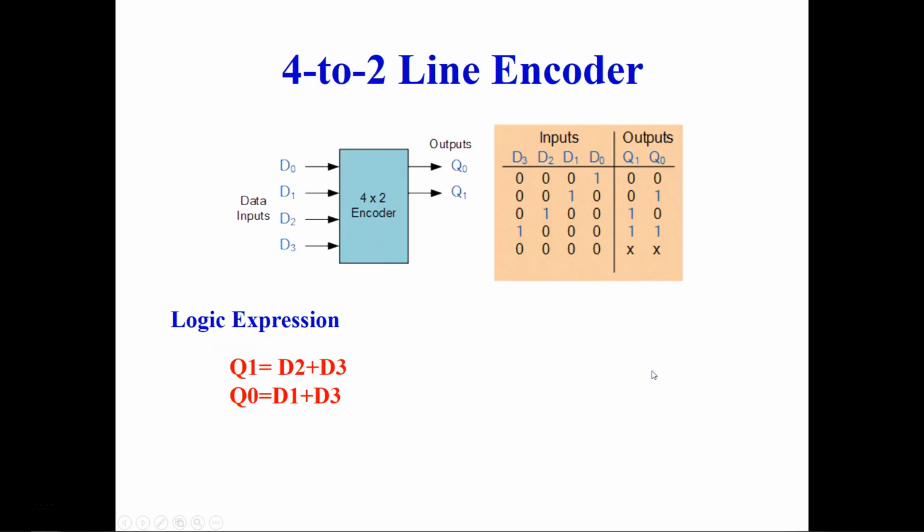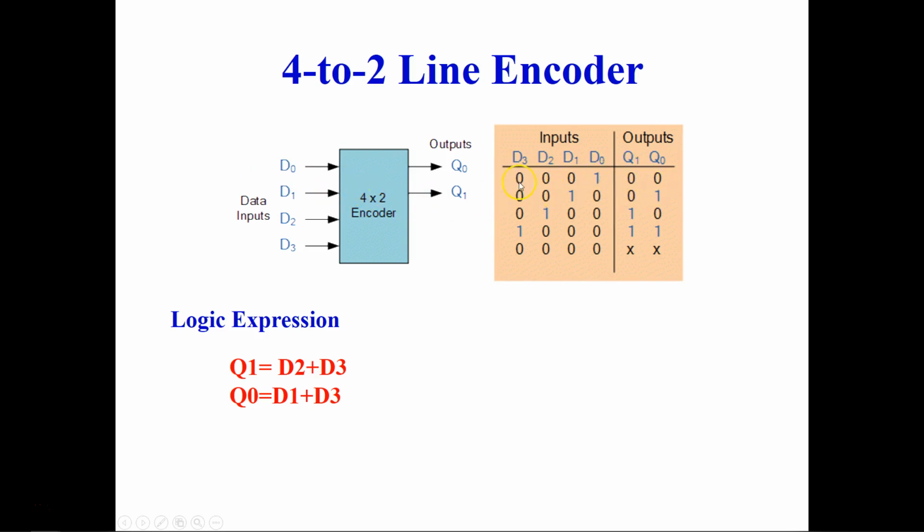Now let's see the 4 to 2 line encoder. You see these are the inputs D0, D1, D2 and D3, and it is generating 2 outputs, Q0 and Q1, and this is the truth table. When D0 is activated, when you send 1 to this data input, the output is 00.